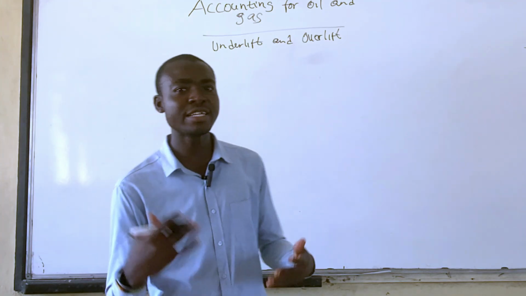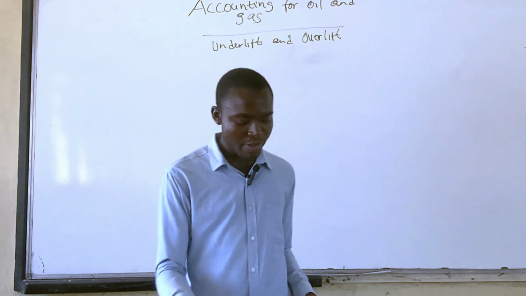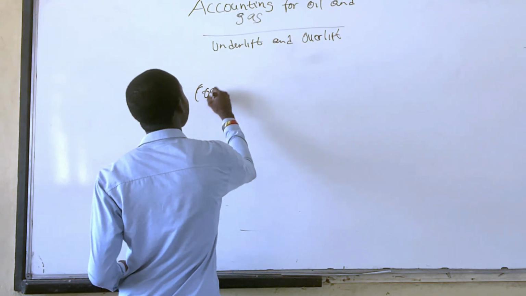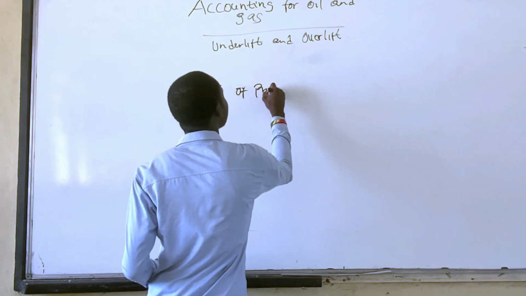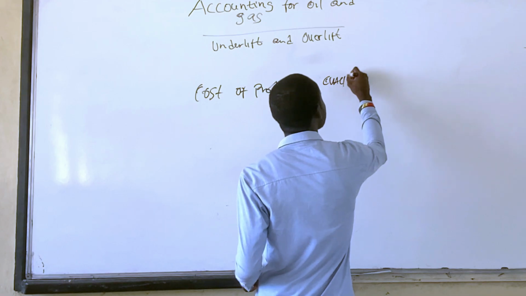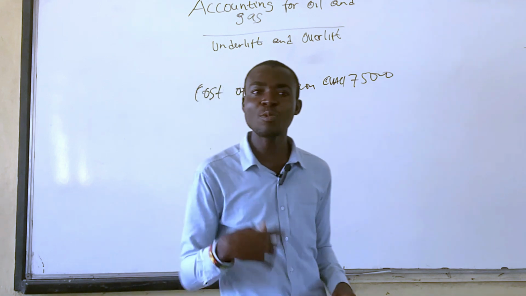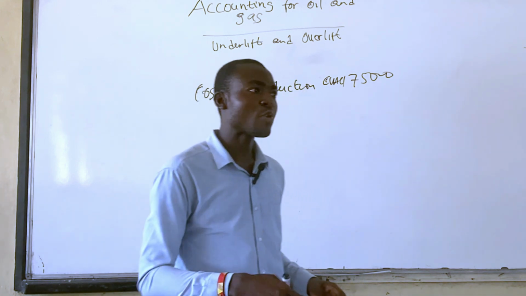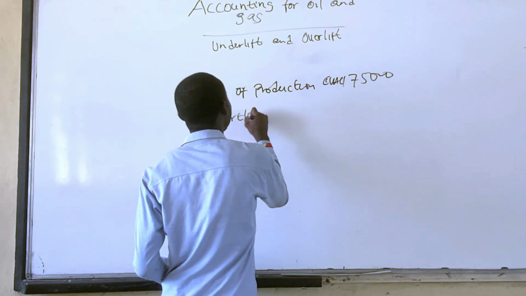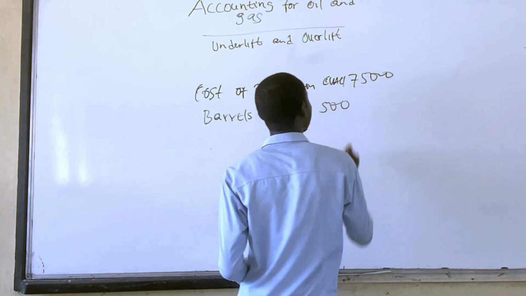So let's bring out the necessary information that will enable us to solve this question. First, we start with the cost of production. The cost of production is 7,500 Ghana cedis, and the number of barrels of oil that they produced was 500.